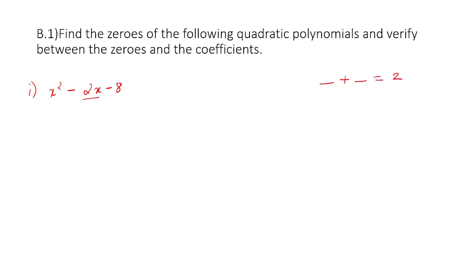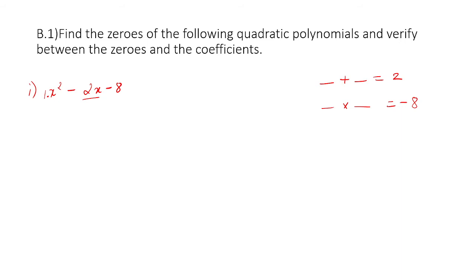Now multiply the constant with the coefficient of x squared. You're going to multiply 1 and minus 8, so this is going to be minus 8. When you multiply these two numbers, you should get minus 8.